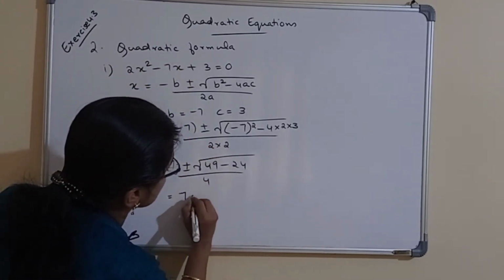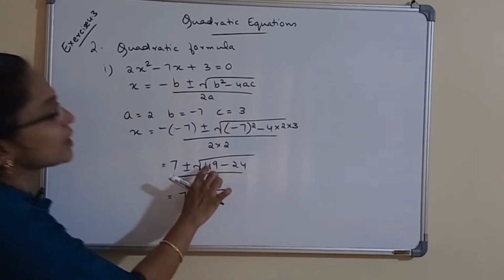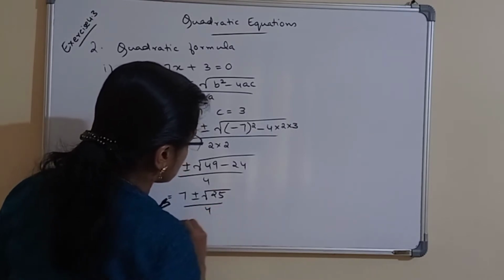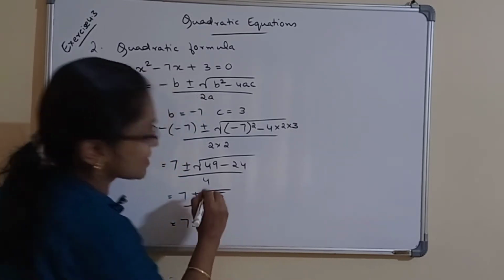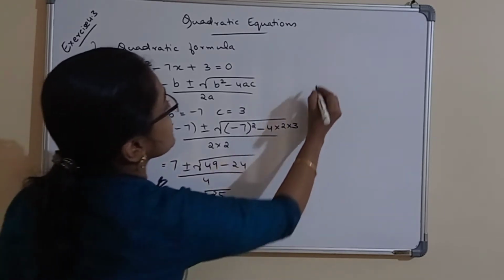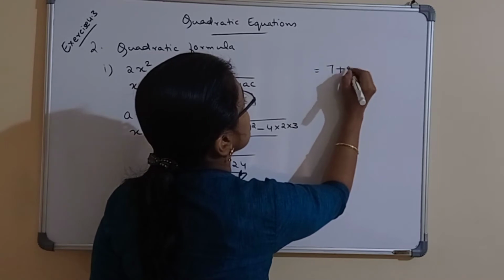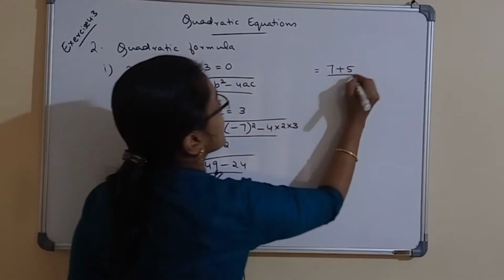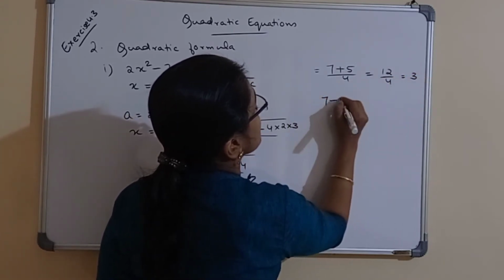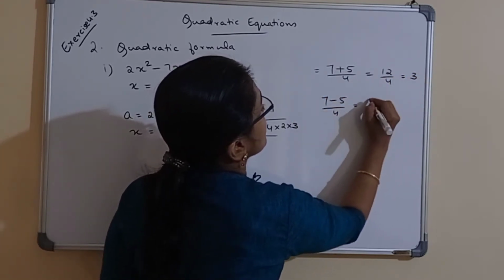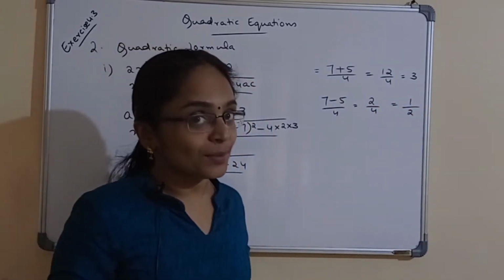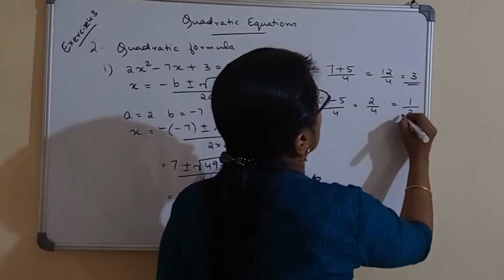So we will get 7 plus or minus root of 49 minus 24, which is 25, by 4, which is equal to 7 plus or minus root of 25, which is 5, by 4. If we take 7 plus 5 by 4, we get 12 by 4, which is equal to 3, and 7 minus 5 by 4 is 2 by 4, which is equal to 1 by 2. So, 3 and 1 by 2 are the roots of this quadratic equation.